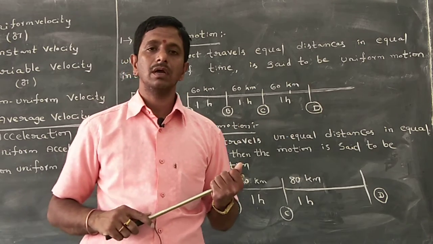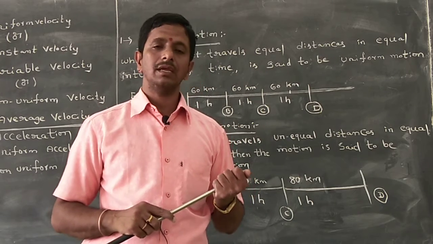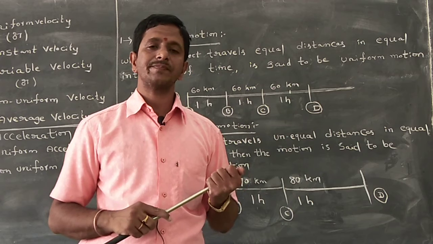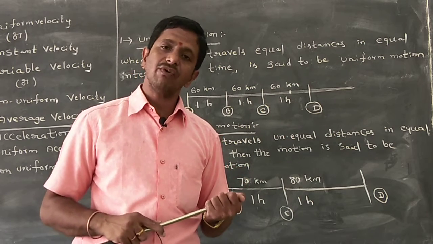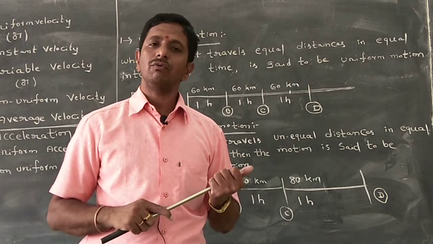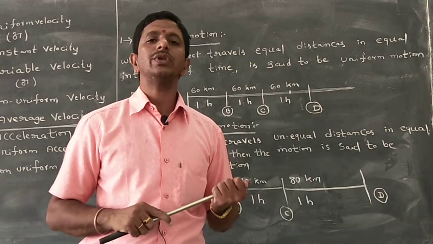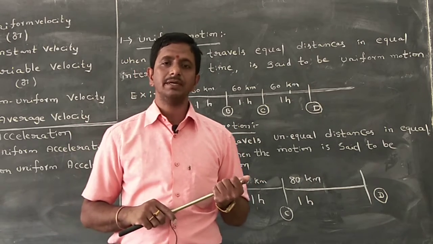Now, uniform speed. When a body travels equal distances with equal intervals of time, such a speed we call uniform speed. Non-uniform speed.